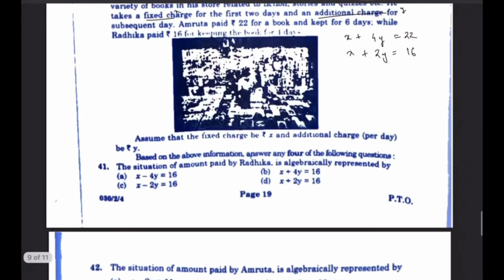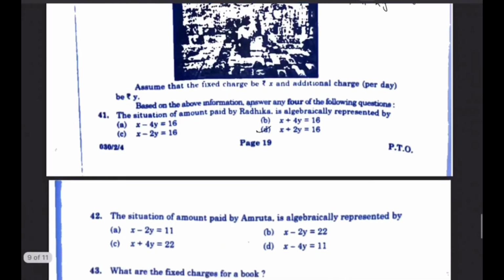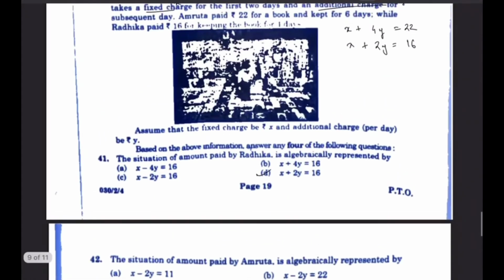So x plus 4y is 22, x plus 2y is 16. The situation of amount paid by, which one is Radhika? Okay, so x plus 2y equal to 16 is our answer. Amrita is x plus 4y has to be 22. Yes. What are the fixed charge? So we want to find the value of x. Just subtract these two. 2y equal to 6 implies y equals 3. If y is 3, then x has to be 10.